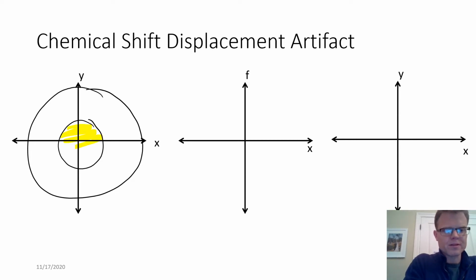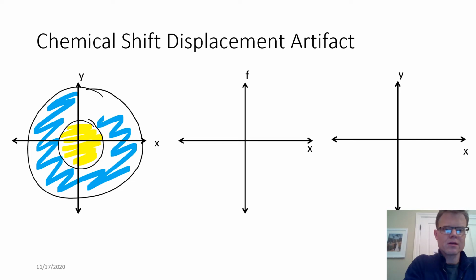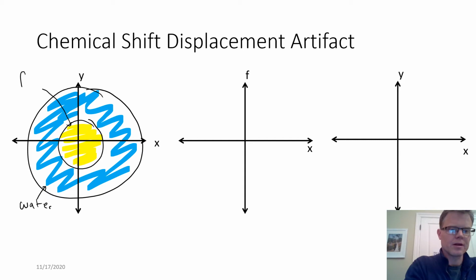For the purposes of this example, say the inner compartment is fat, and the outer compartment is water. So this is water, and the center here is fat.